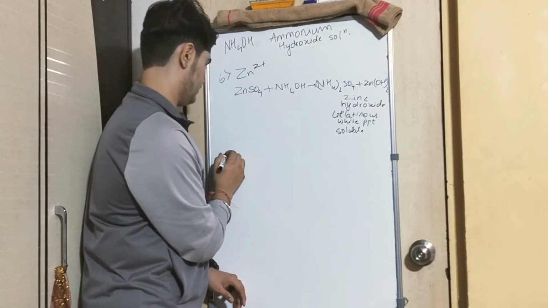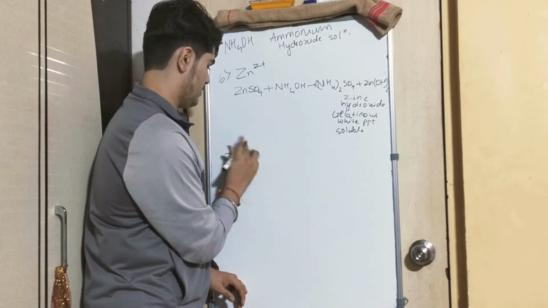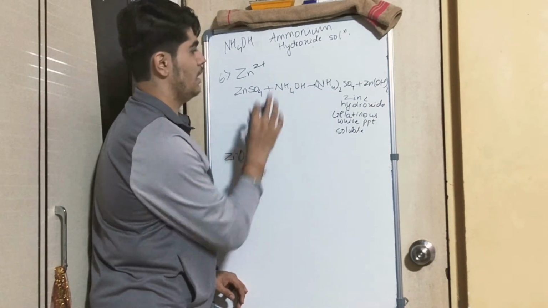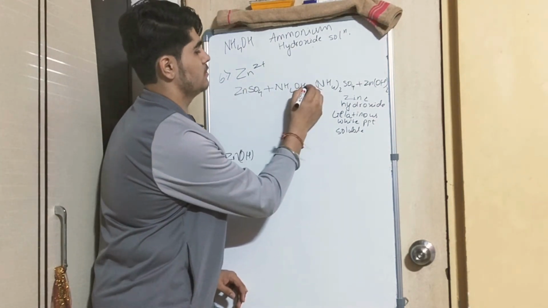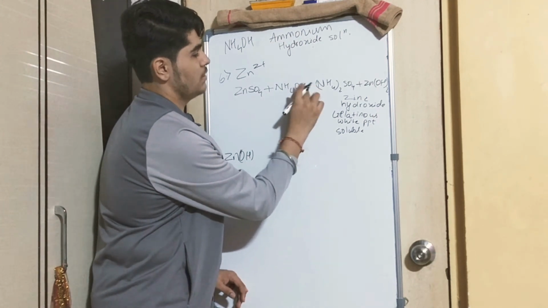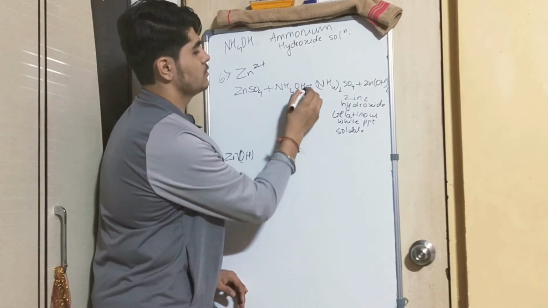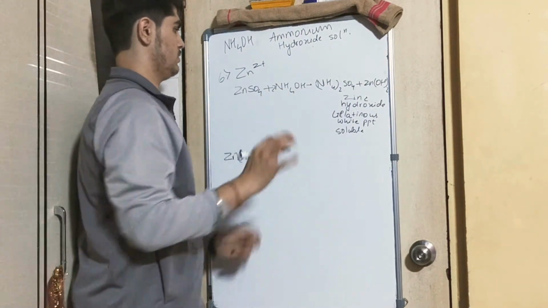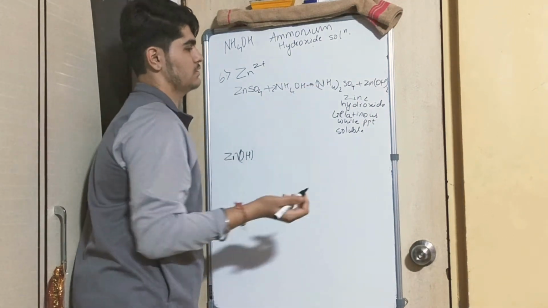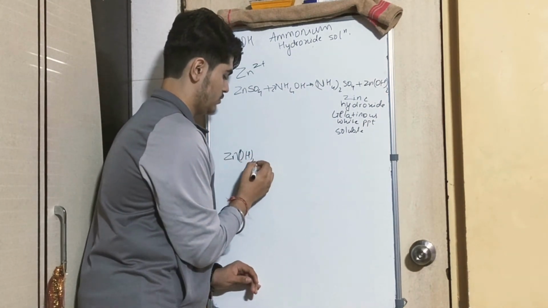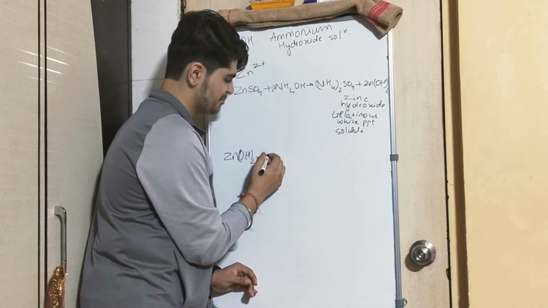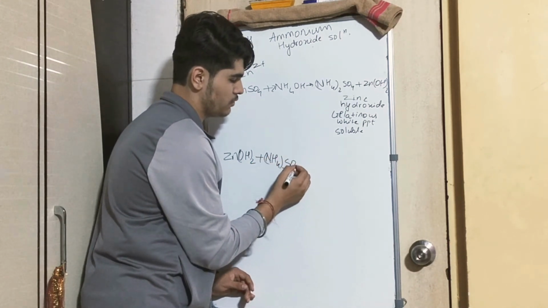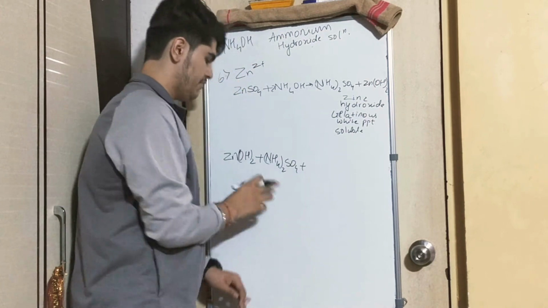Again we react Zn(OH)2, I forgot to balance. So this is 2 here, 2. Nothing else. You can extend this arrow. Zn(OH)2 plus (NH4)2SO4 plus. Why are we taking these two?